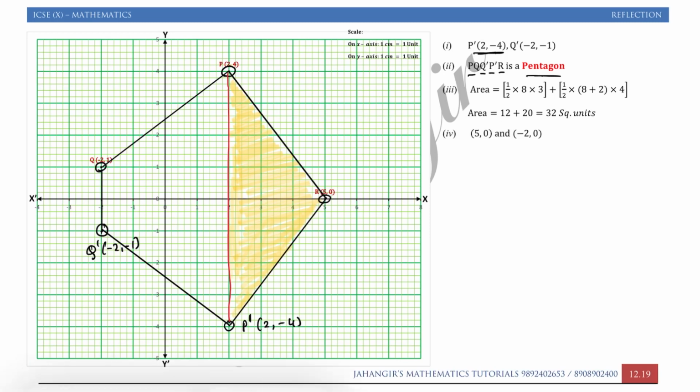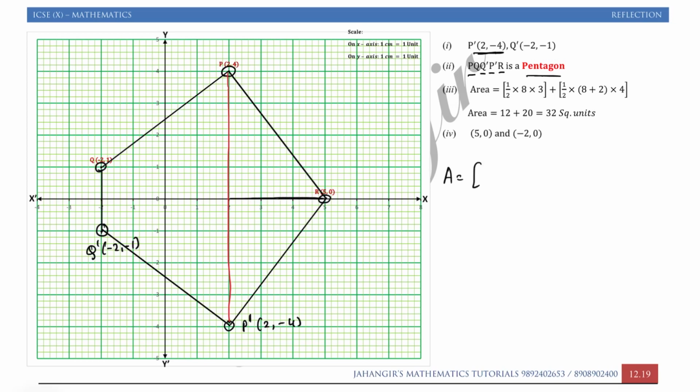And the second part becomes a trapezium. This one. Okay. So let us say area is equal to, first for the triangle, the height is this.